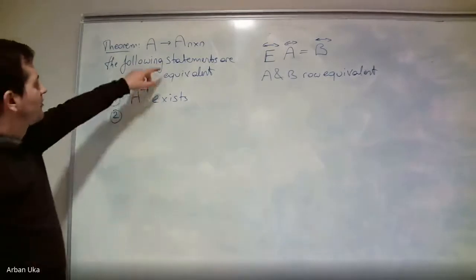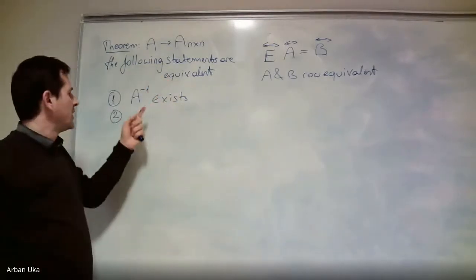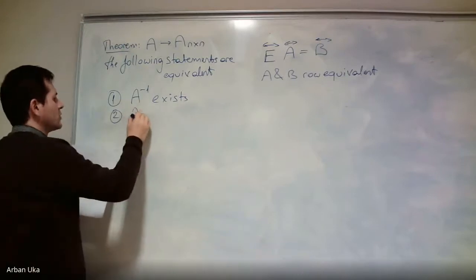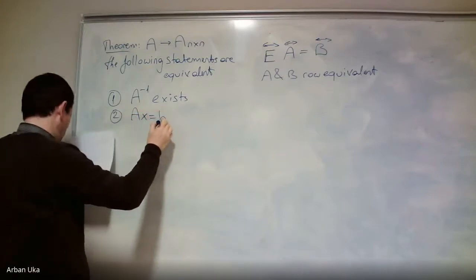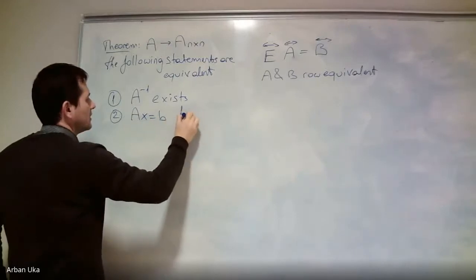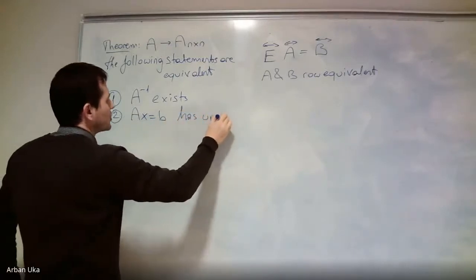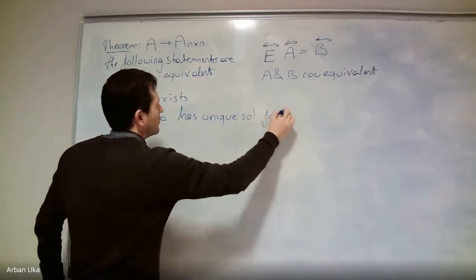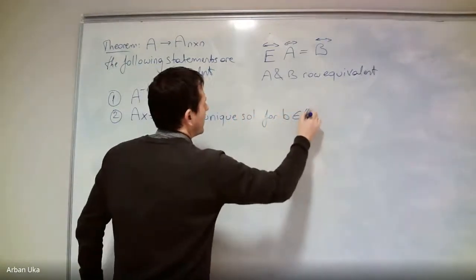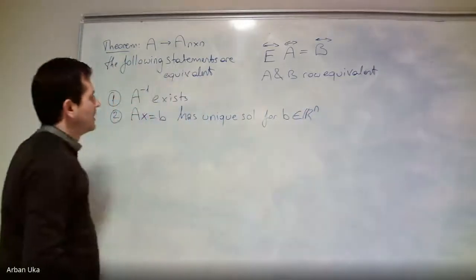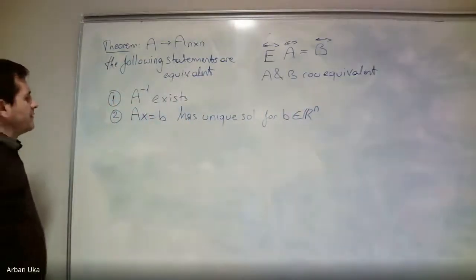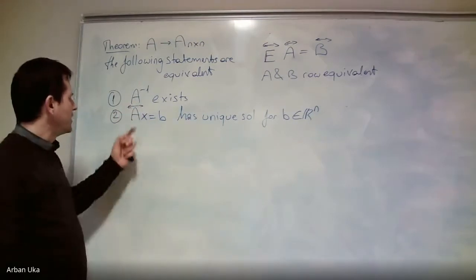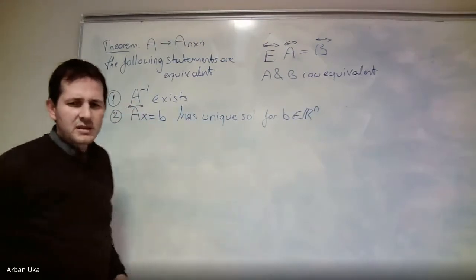Now, when we say that the following statements are equivalent, we mean that if the first one is true, then the second one is also true. So Ax equal to b has a unique solution for b an element of Rn. Apparently, if the inverse of A exists, then any equation that can be written Ax equal to b is consistent.